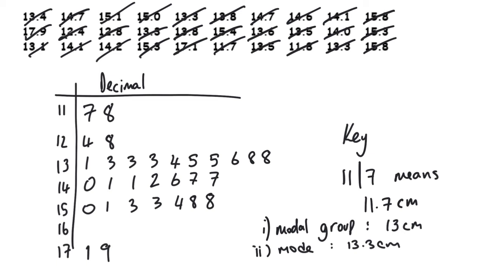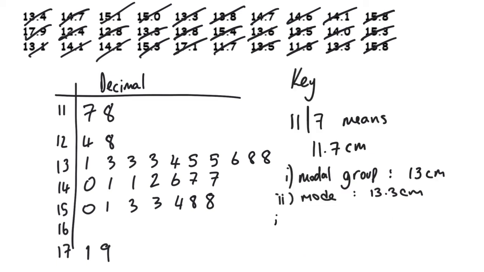The median, now to work out the median, it's the middle number. So we've got 30 numbers, so to work out the middle we do 30 plus 1 divided by 2, which is the 15.5th term. So we start at the start and we count to find the 15th number. So 1, 2, 3, 4, 5, 6, 7, 8, 9, 10, 11, 12, 13, 14.